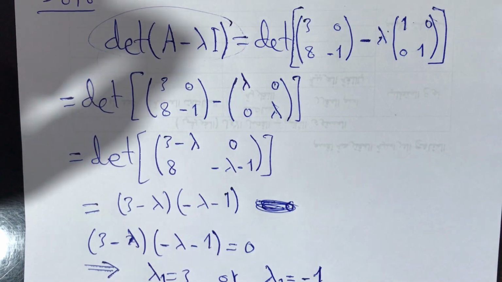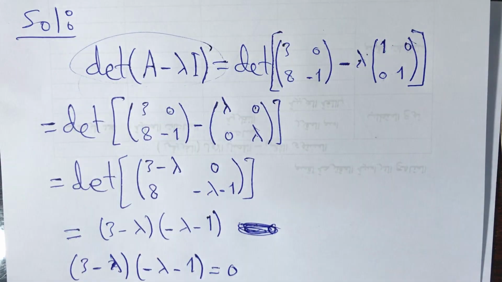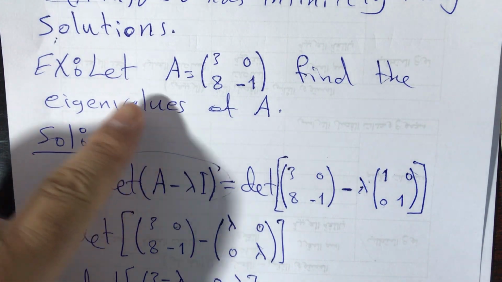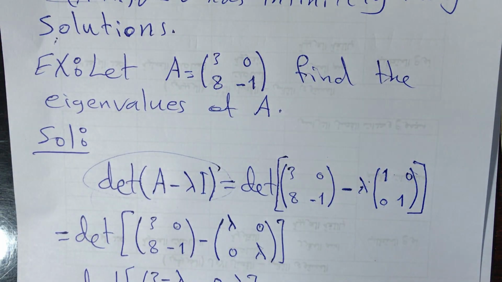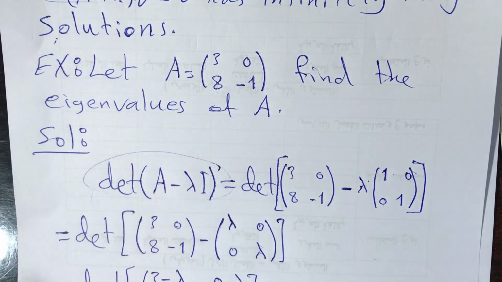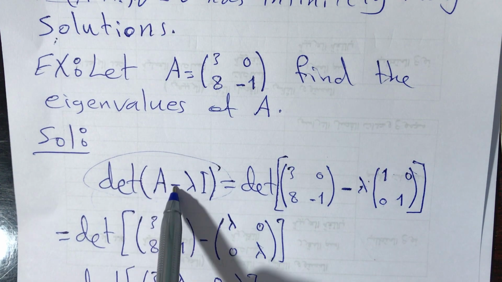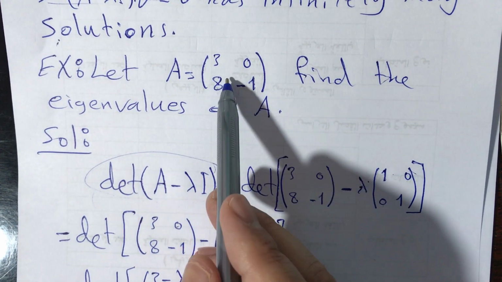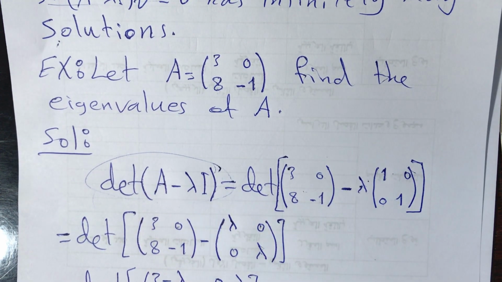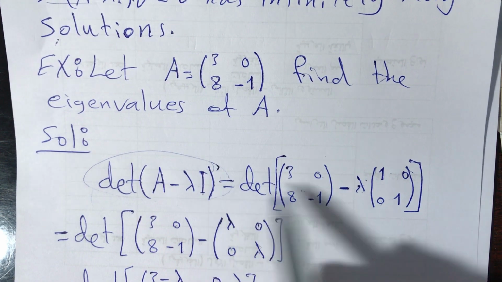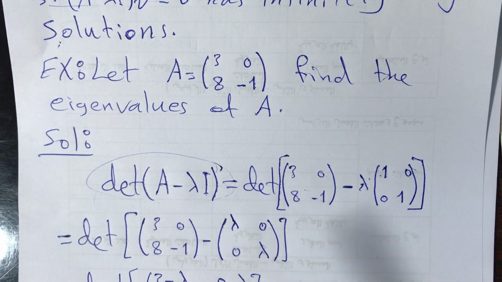I think this is clear. If we want to find the eigenvalues of the matrix 3, 0, 8, minus 1, we find the determinant of A minus lambda I, where A is this matrix and lambda times the identity is 1, 0, 0, 1.